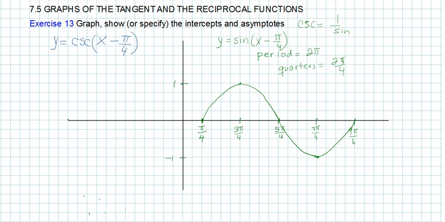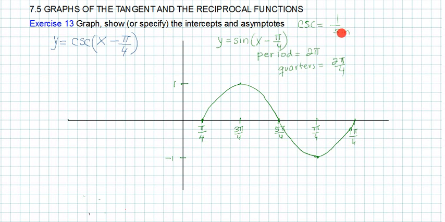Okay. Now, once I have my sine wave, it's pretty easy to draw my cosecant. All we need is to get the asymptotes. So the asymptotes for the cosecant are points where the cosecant is undefined. So the cosecant is undefined any place where the sine is 0, because you cannot divide by 0.